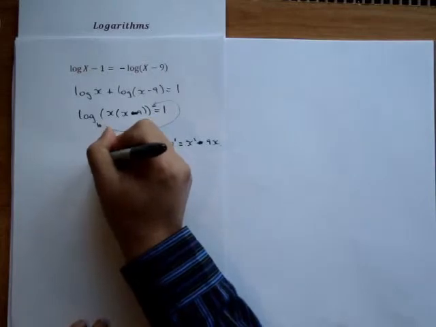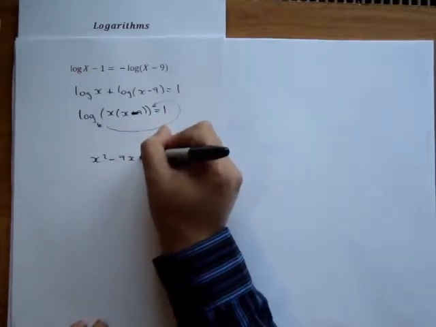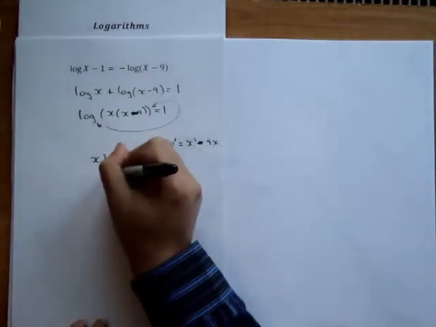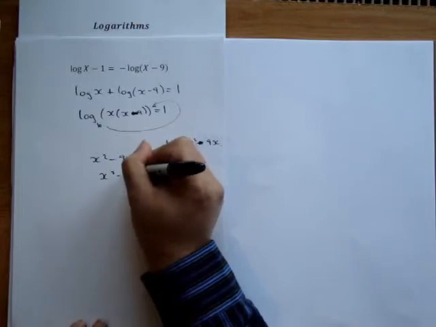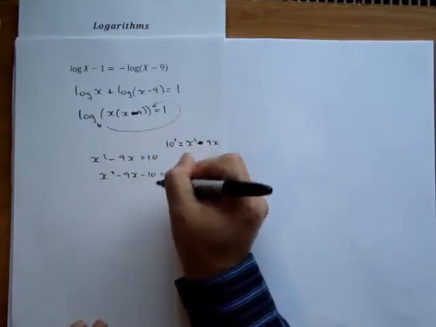So x squared minus 9x equals 10. x squared minus 9x minus 10 equals 0.